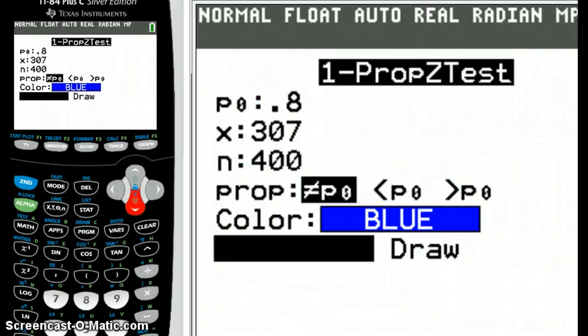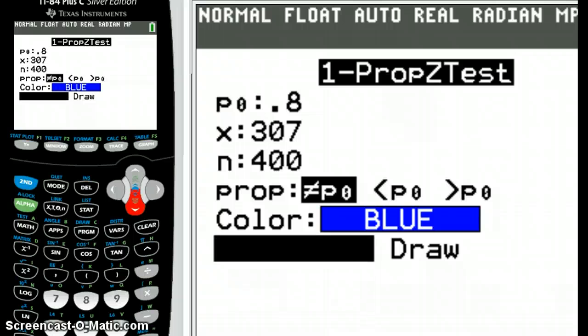Let's look at our graphing calculator. Our one-prop z-test is found by using stat tests number 5. Again, stat test number 5. Then I'm going to put in 0.8 for our proportion for our population. We're going to put in 307 for x, 400 for n, and we're running a two-tailed test, so we picked not equal to.